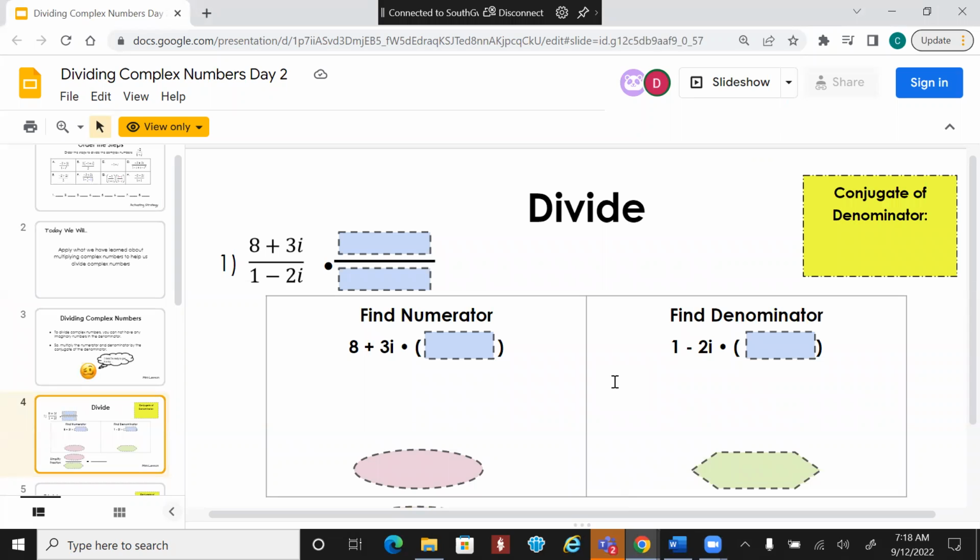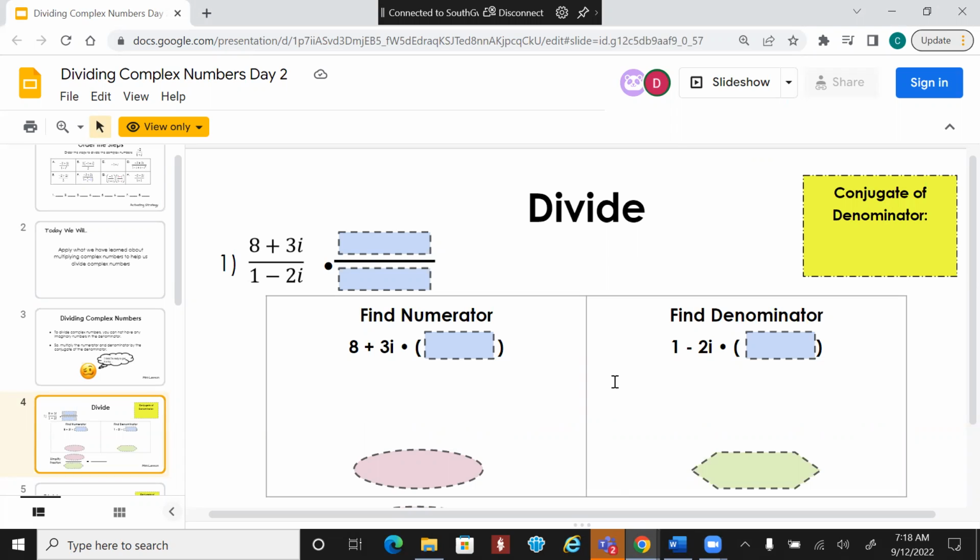So we're going to take a look at number 1. What's the conjugate of number 1's denominator? It's the conjugate of the denominator. So take the denominator, which is 1 minus 2i.